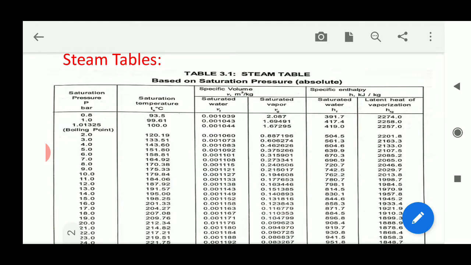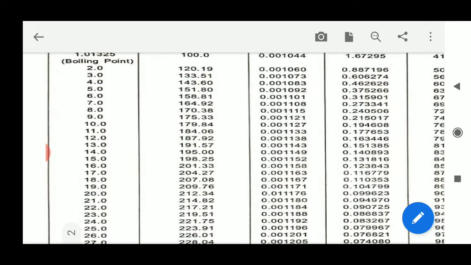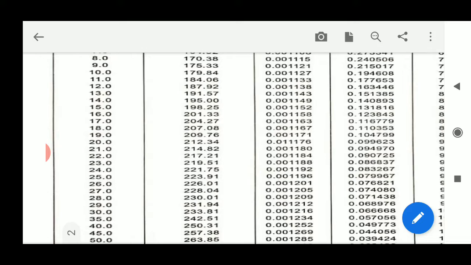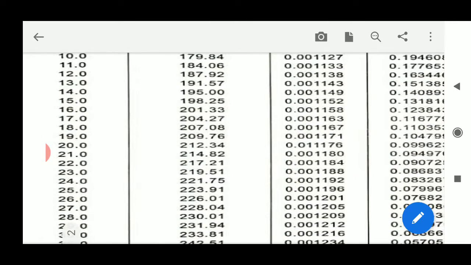Say for example, if the pressure of the steam is 20 bar, then for the 20 bar saturation pressure, the corresponding saturation temperature is 212.34.